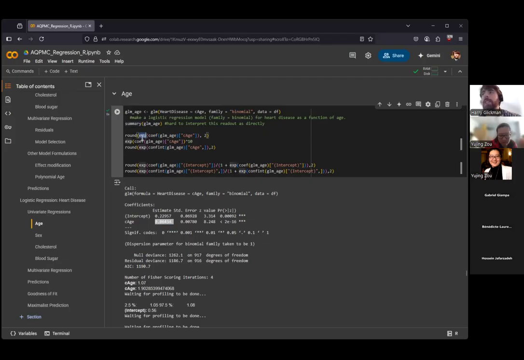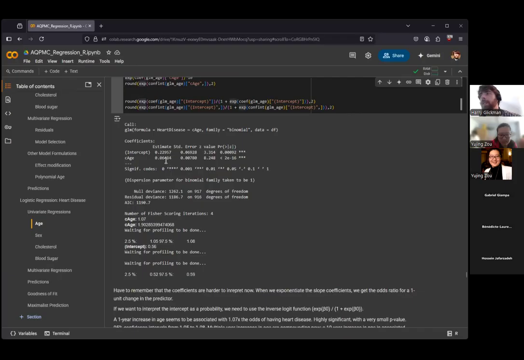So what we need to do is exponentiate our coefficients to get something interpretable. So this is the exponentiated value for age, for the slope parameter. And this is the interpretable number. So when you exponentiate age, the slope parameter, you get 1.07.